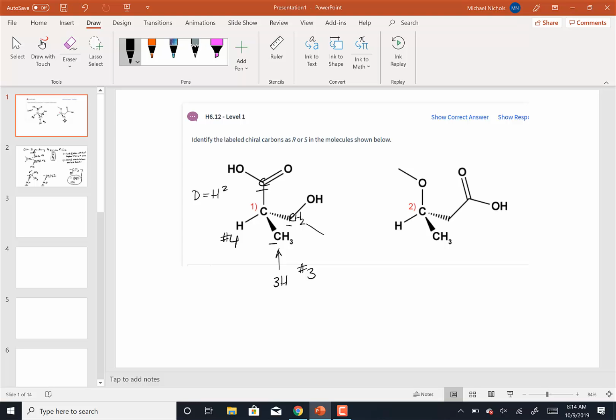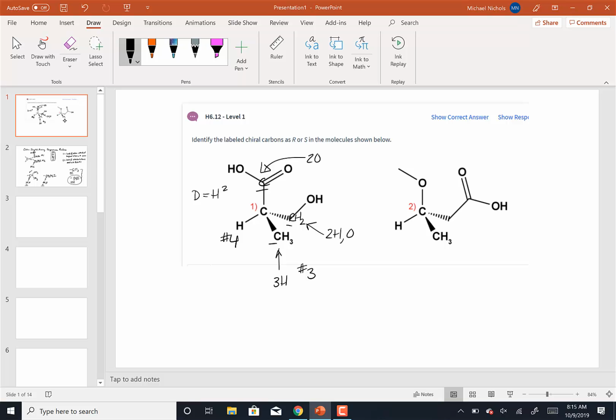But what's attached to this carbon? 2 H's and an O. What's attached to this carbon up here? 2 O's. Now, you might say, okay, 2 O's beats 2 H's and an O, but here's the problem.